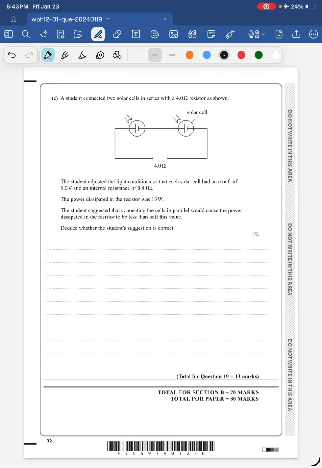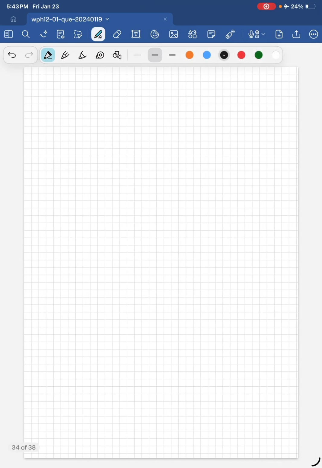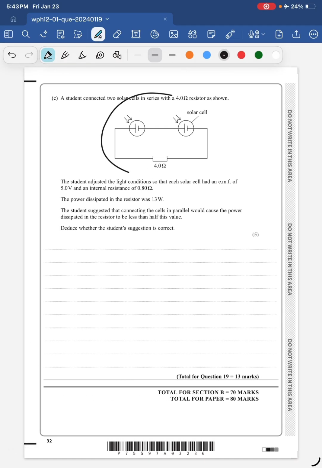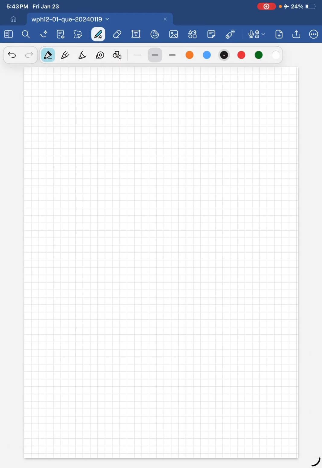Okay, so let me replace this. I'm gonna use a clean page to replace this circuit with what they actually tell us.